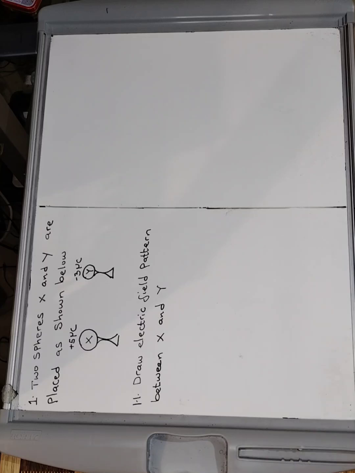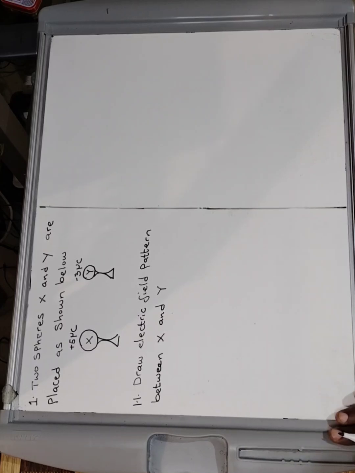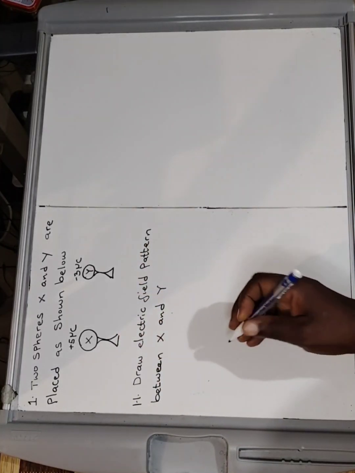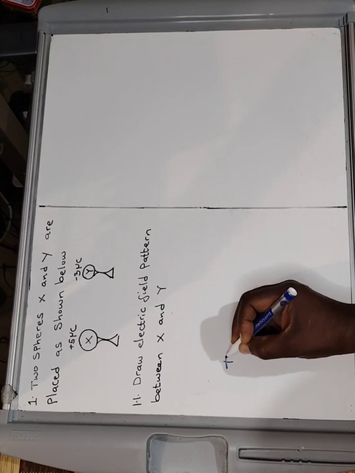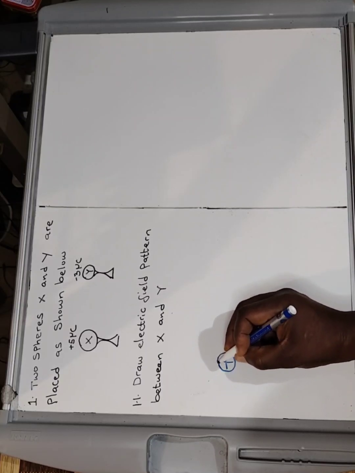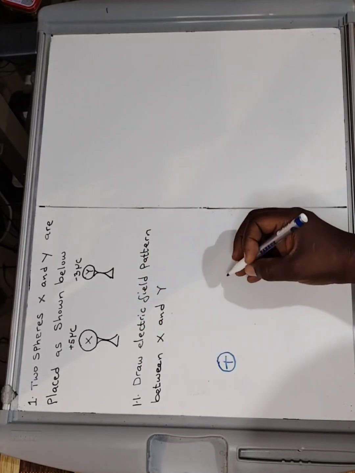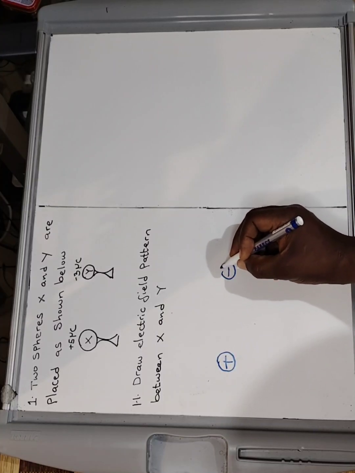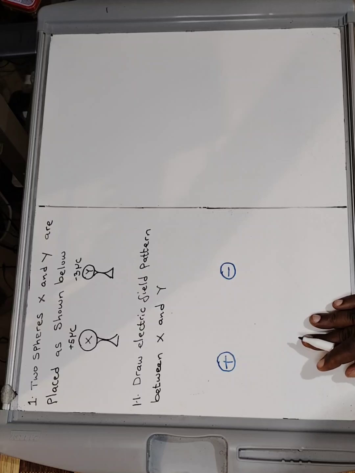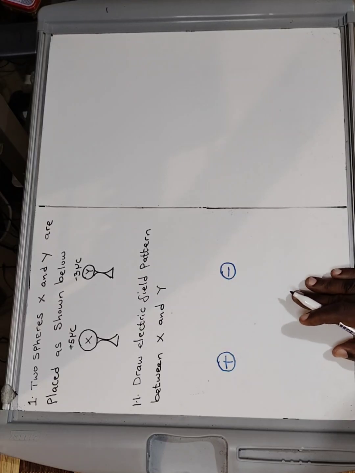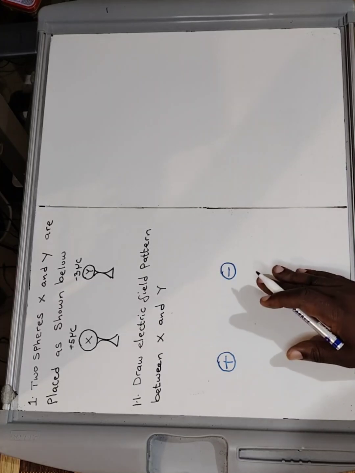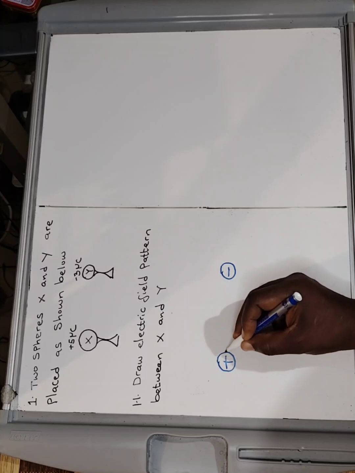How do we go about this? This is what you have to know, that we are dealing with unlike charges. So if we have a positive charge here, which is our X, and a negative charge here, which is our Y, and we are told to draw the pattern, remember that these are unlike, so they like each other.